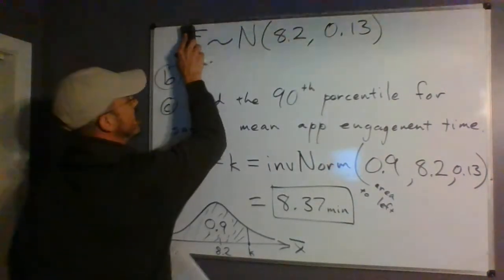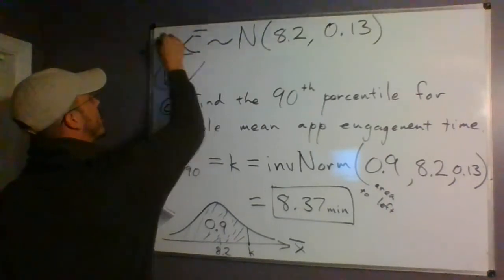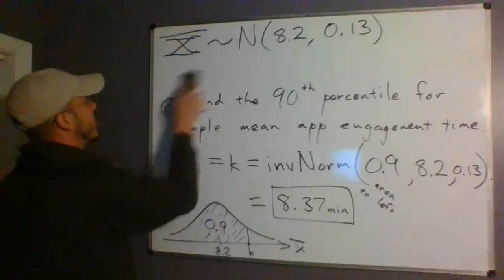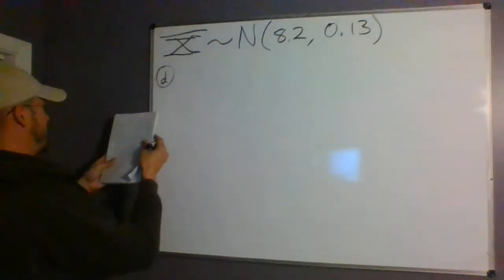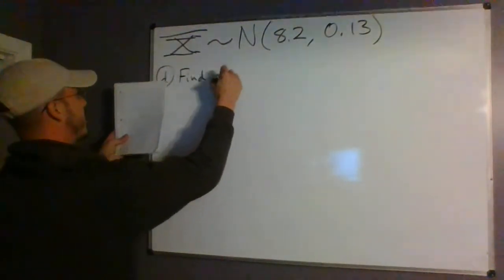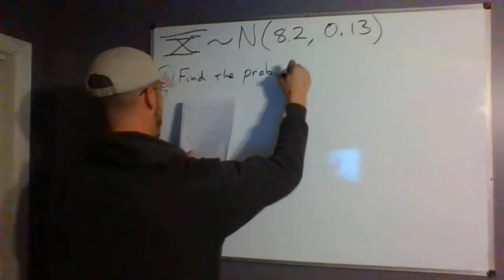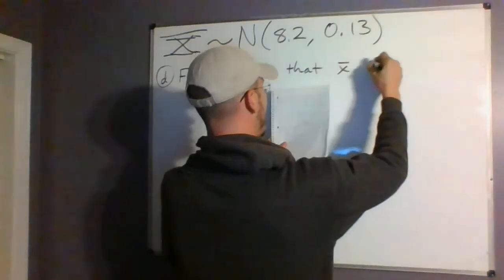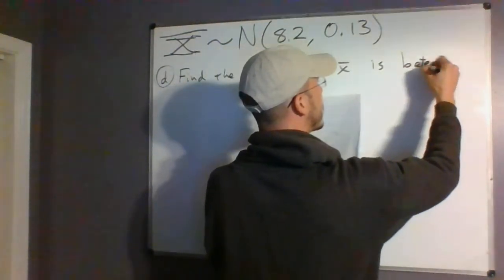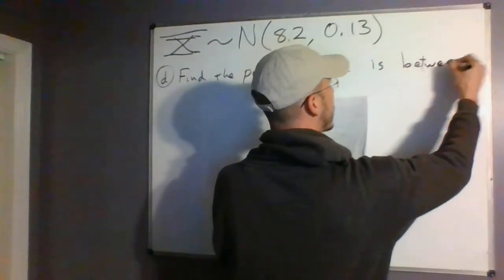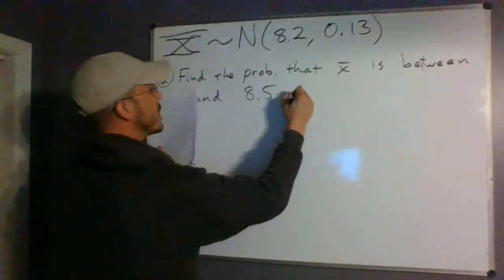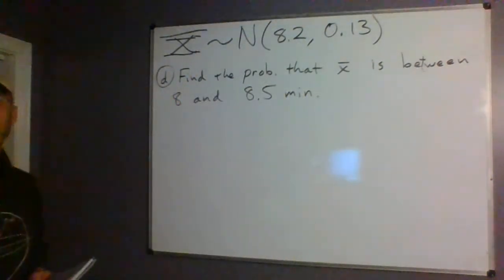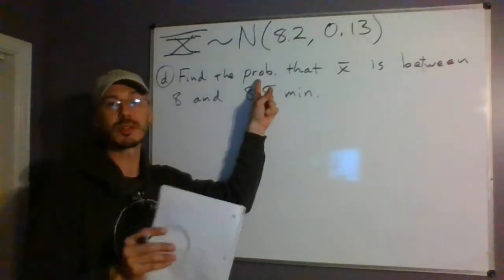And finally, part D. For part D, we're going to find the probability that x bar is between 8 and 8.5 minutes. So this is a probability question. We're going to use the normal CDF.